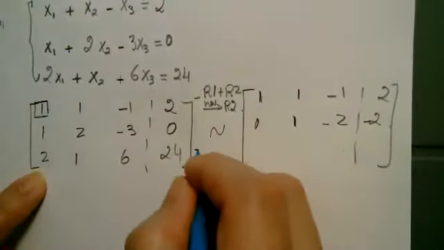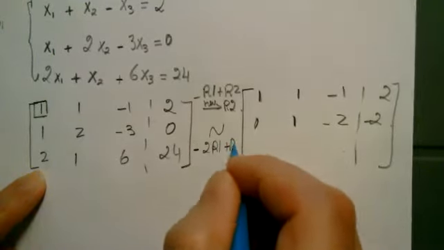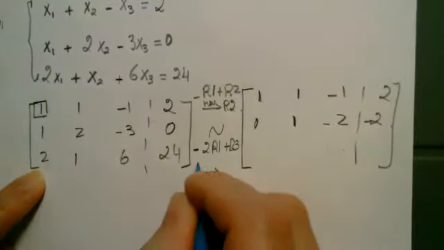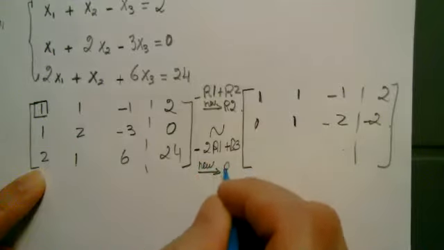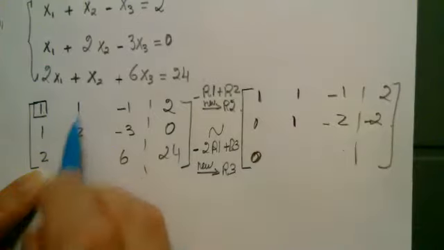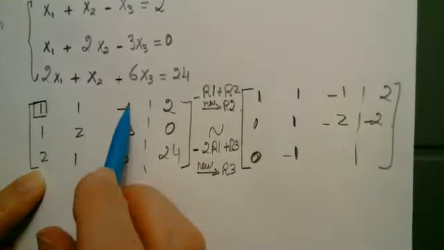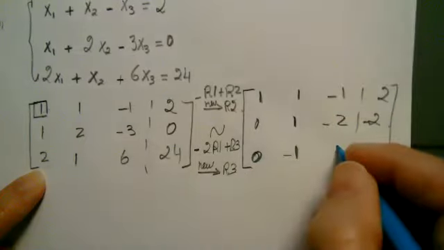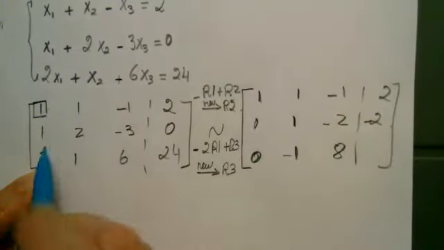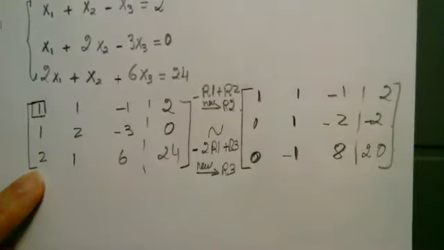The other operation I will do is minus 2 row 1 plus row 3, and this will become my new R3. Replacement, replacement. Minus 2 plus 2 gives me a 0. Minus 2 plus 1 is a minus 1. Minus minus is a 1, 2 plus 6 is an 8. And minus 4 is a 20.